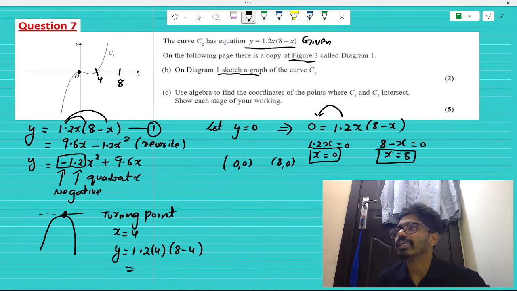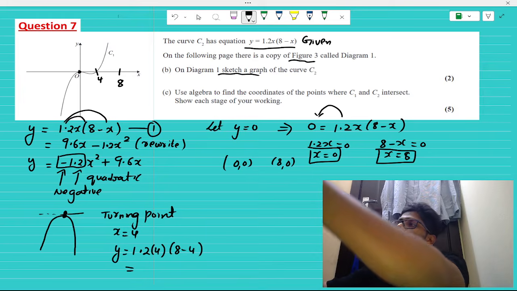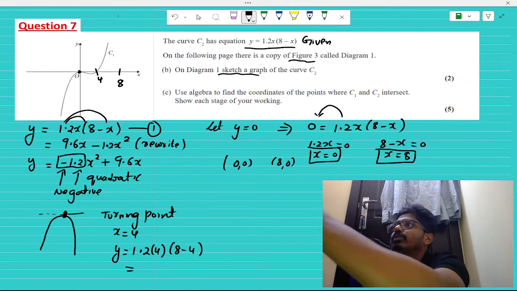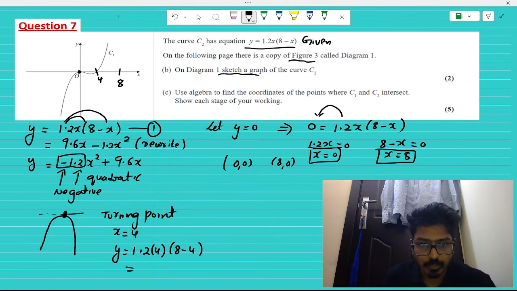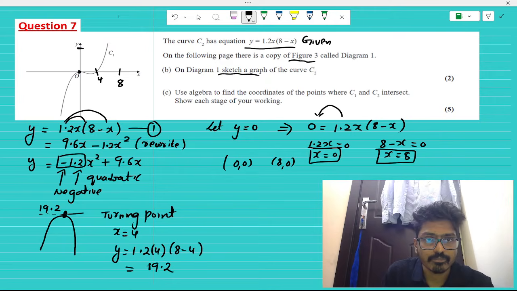I have already calculated this in my notebook, and this value is going to be 19.2. So it's pretty clear that this is going to be 19.2.